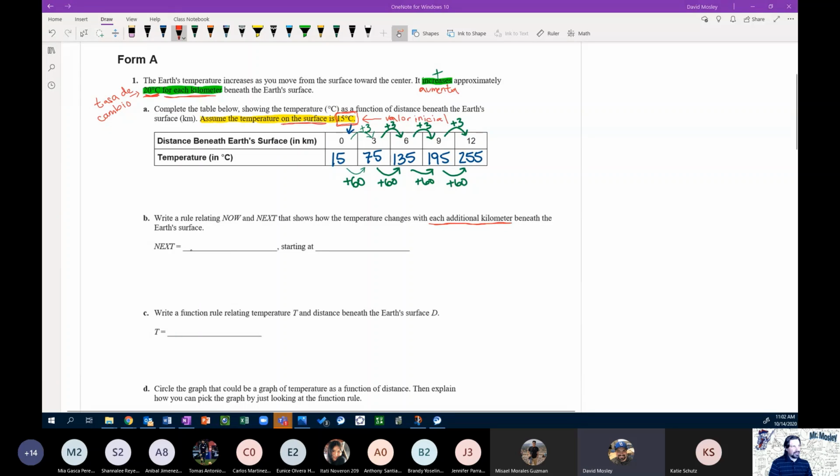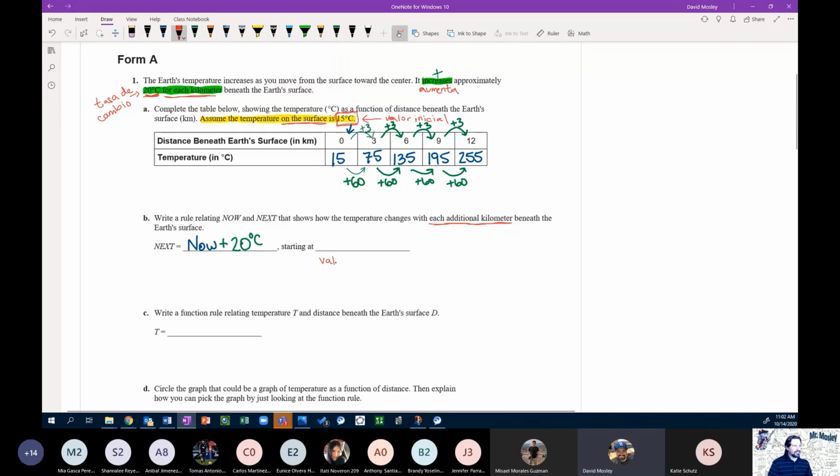So when we get to the now next rule, next equals now plus 20 degrees. Starting at right here, what's our starting value?